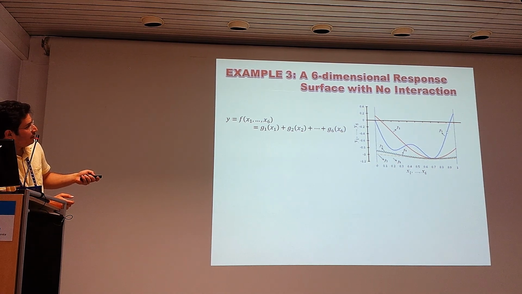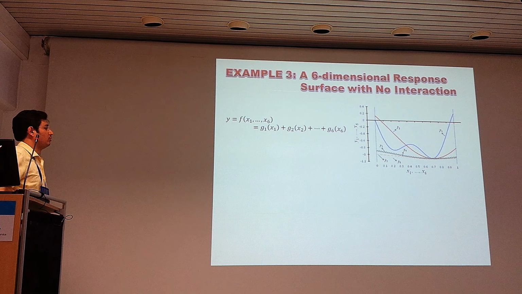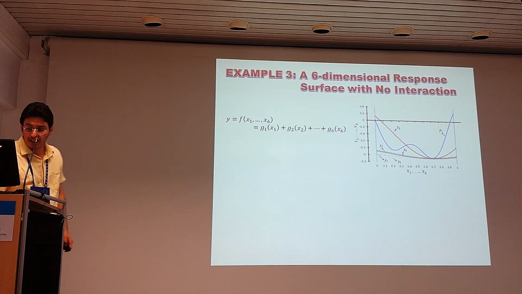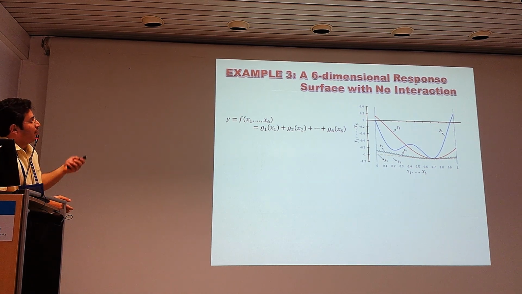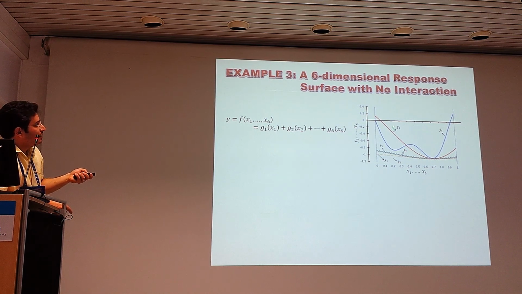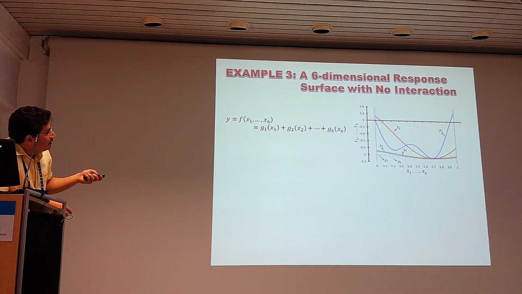So first, let's look at y1 and y2, blue and red, and I'd just like you to think about which one is more sensitive if you were to choose one of these two. And obviously these two are more sensitive than the rest of the parameters. Also look at y3 and y4.